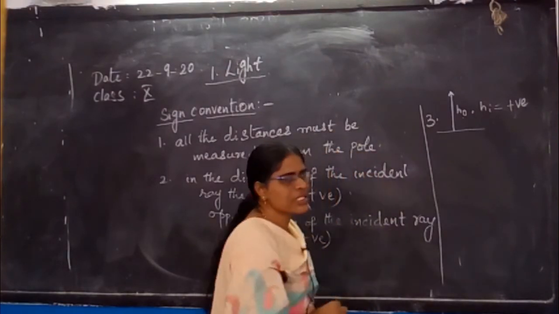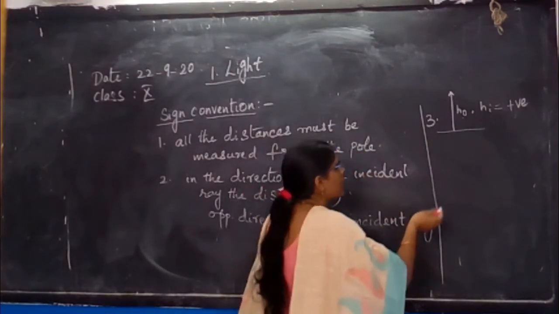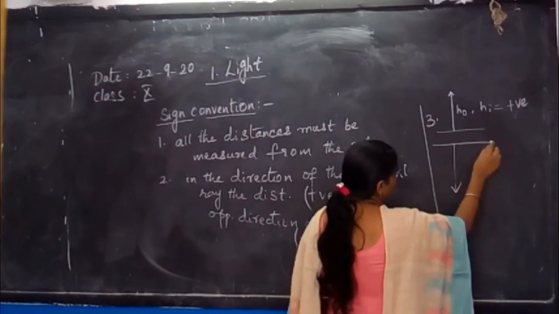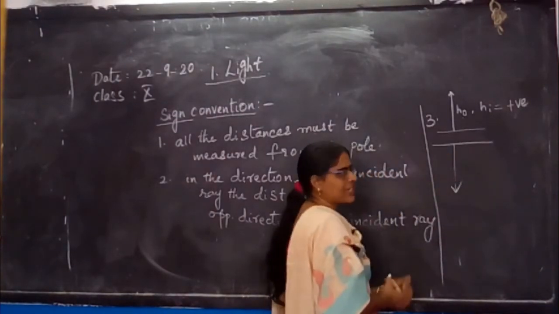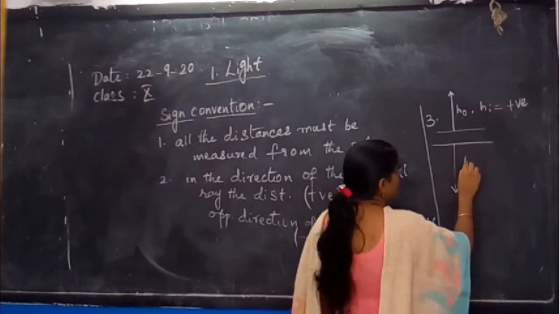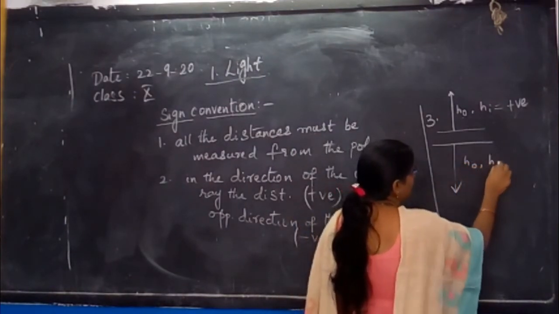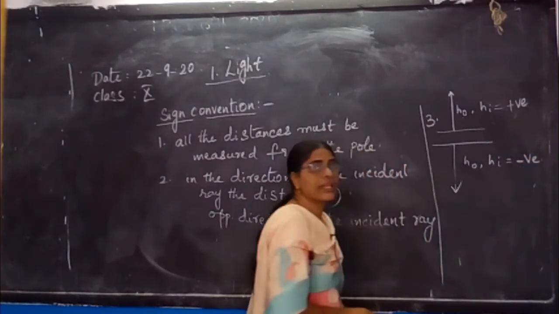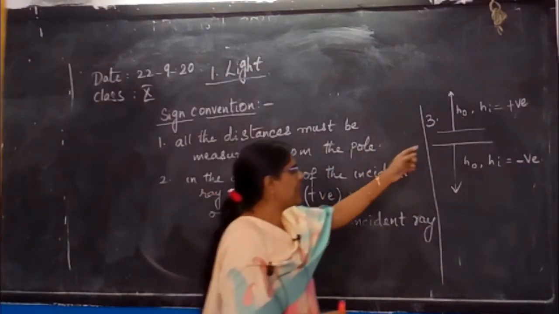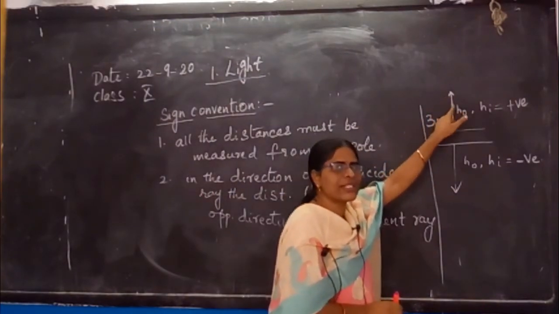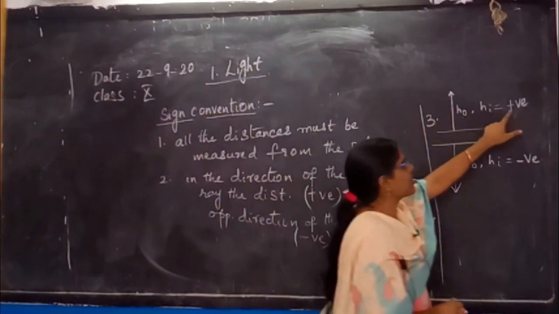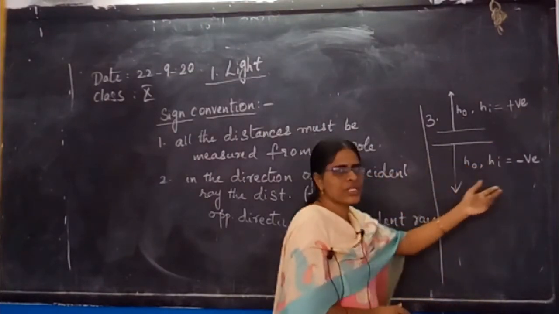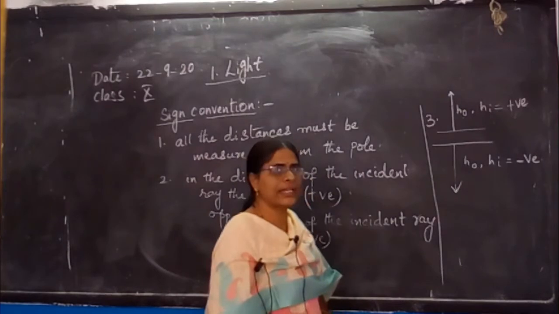If the object or image is in the reverse direction, the heights must be taken as negative. If it is upwards, we take the value as positive. If it is downwards, we make it negative.